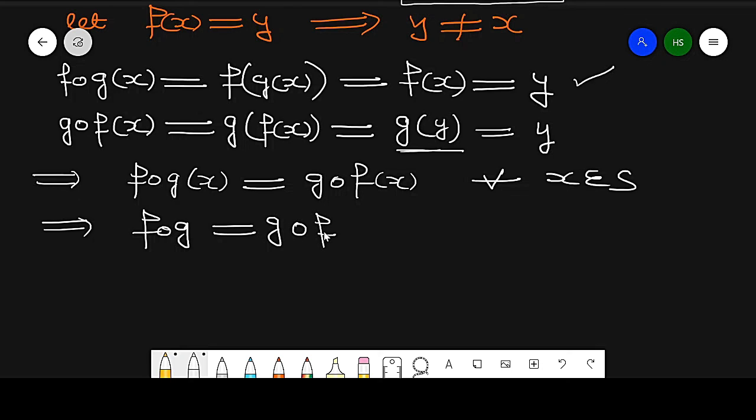Similarly we can prove it in case number 2.